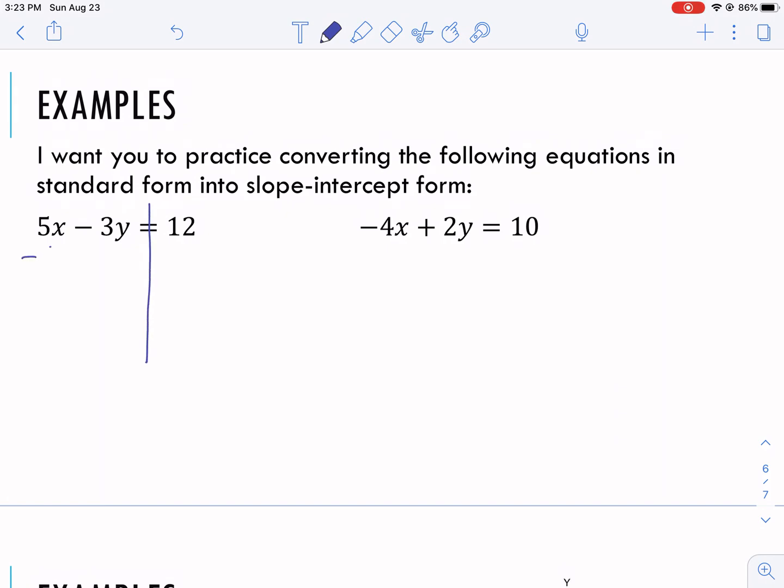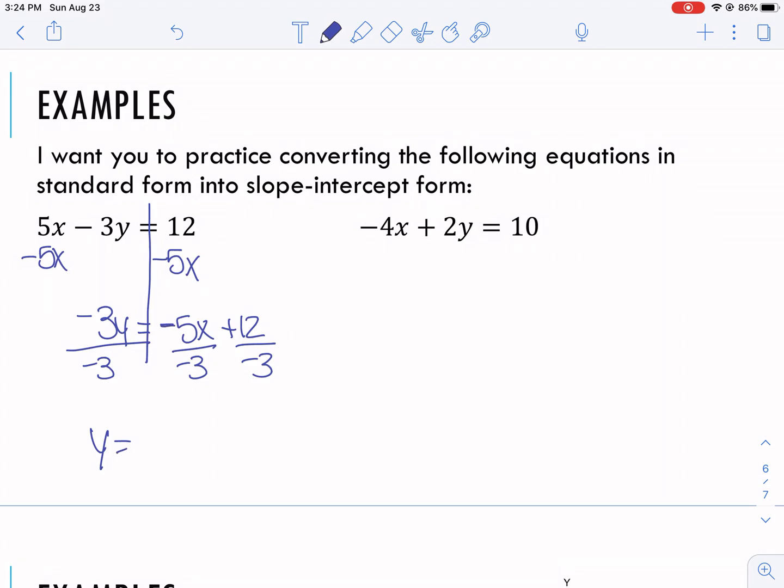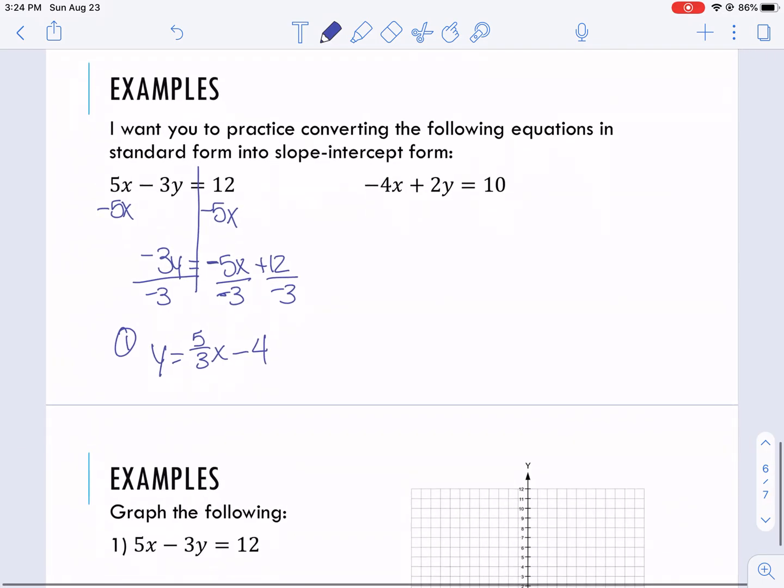I'm going to go through and solve this really quick. Minus the 5x. I'm going to divide everything by negative 3. Again, we're going to have that fraction, but since they're both negative, it turns into a positive 5/3. And a positive 12 divided by a negative 3 is a negative 4.